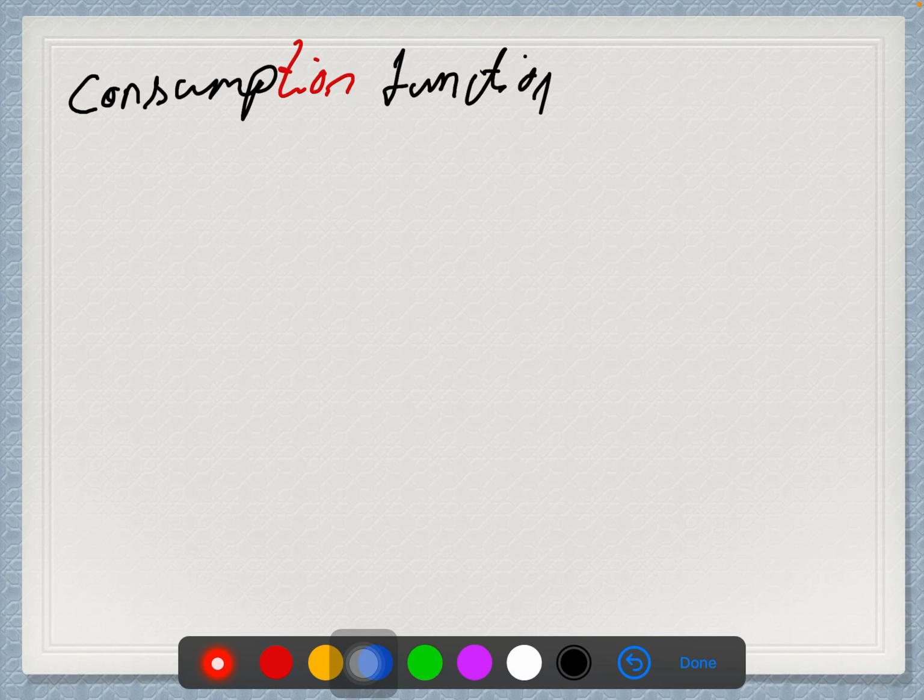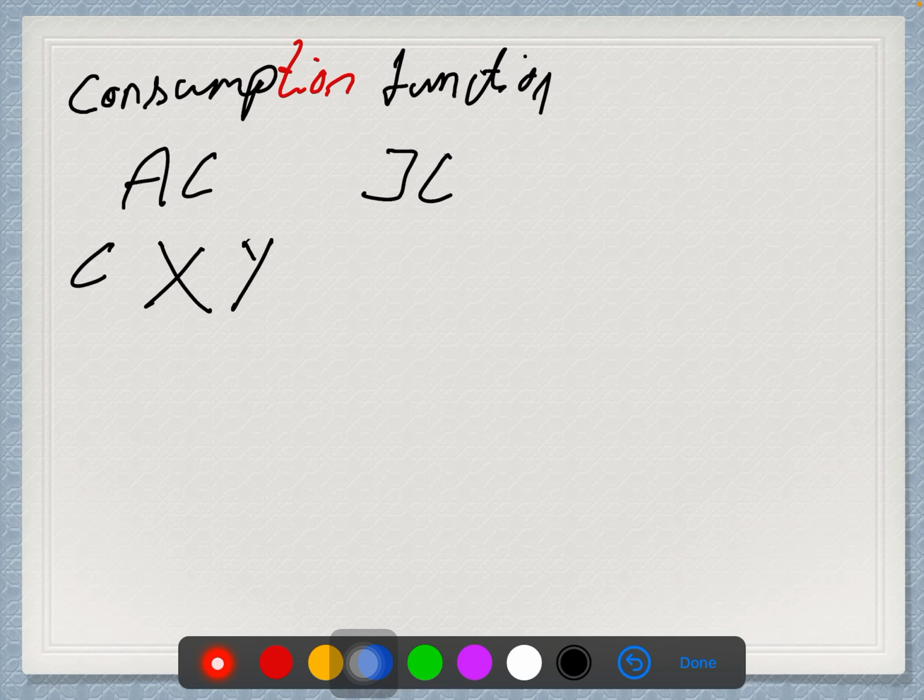Consumption function. What is consumption function all about? My handwriting is coming out really bad. Please bear with it. In consumption function, we discussed autonomous consumption and induced consumption. Autonomous consumption means the consumption which is not dependent on income. The consumption which is not dependent on income is called autonomous consumption.